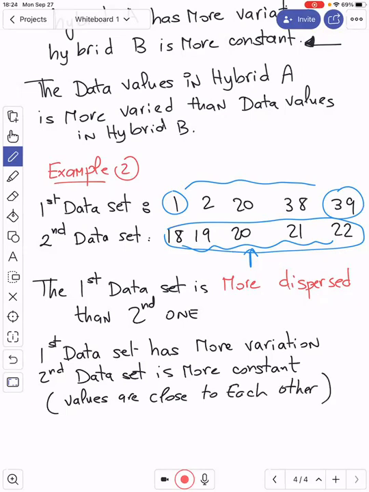Now, if you compute the mean of the first data set and compare it to the mean of the second data set, they're actually going to have the same mean.